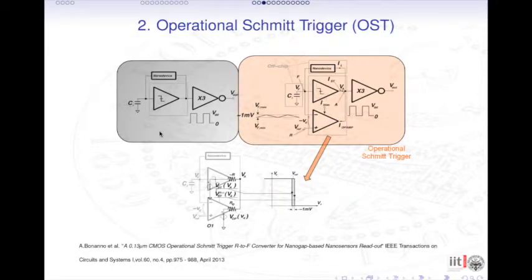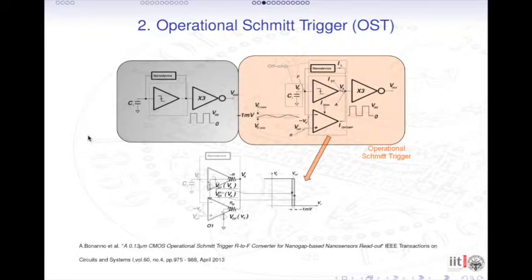This is, for example, a basic architecture of a relaxation oscillator that use a single Schmitt trigger that is improved by the use of an operational amplifier in parallel of this Schmitt trigger to increase the oscillation frequency of your system.